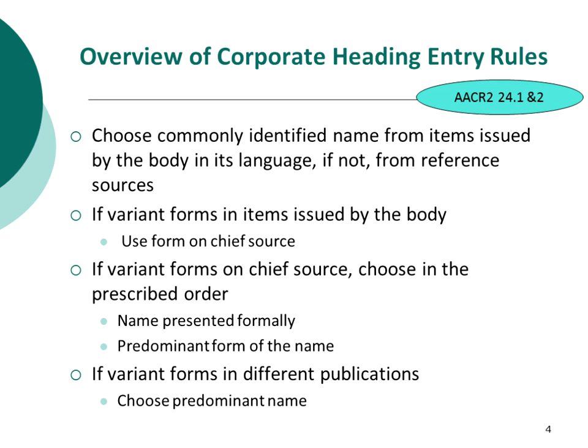Before we get into the corporate body reference rules, let's spend a few minutes on an overview of corporate heading entry rules. As you know, before we consider references, we want to make sure the heading of 1XX is set up and chosen correctly.